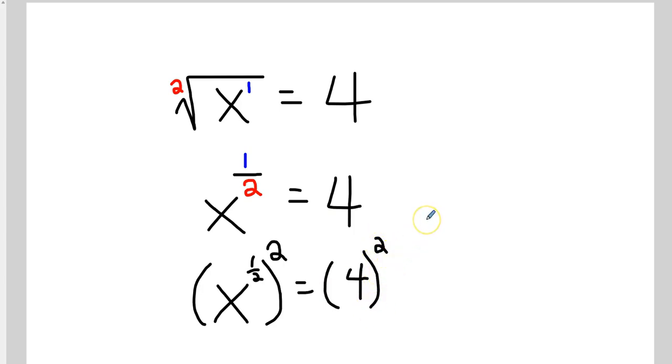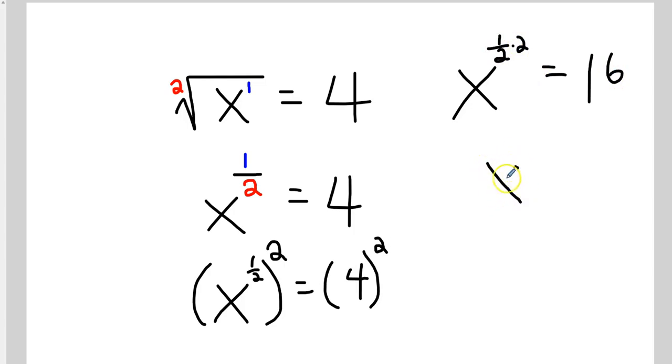So we'll take everything on the other side of the equation and square it as well. Now, if I have a power raised to a power, that lets us multiply our powers together. So I have 1/2 times 2 is equal to 4 squared, which is 16. 1/2 times 2 gives us x to the first power. So x to the first power is our 16, and that's our solution.